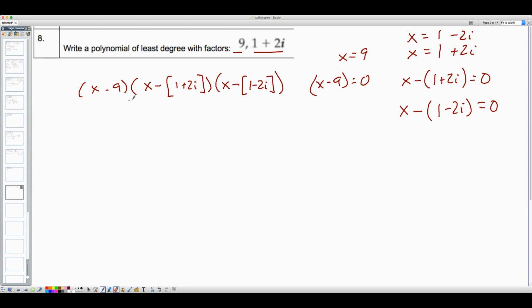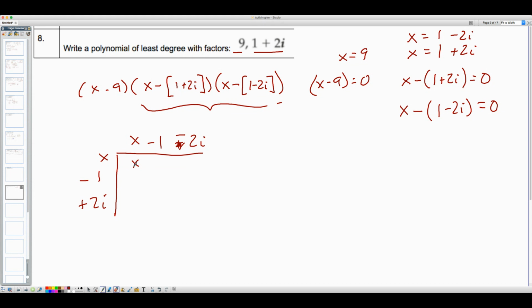And when we multiply these out, let's start by multiplying these two. I'm going to use a box to do this. x minus 1 plus 2i. x minus 1, oh, this should be minus, plus 2i.